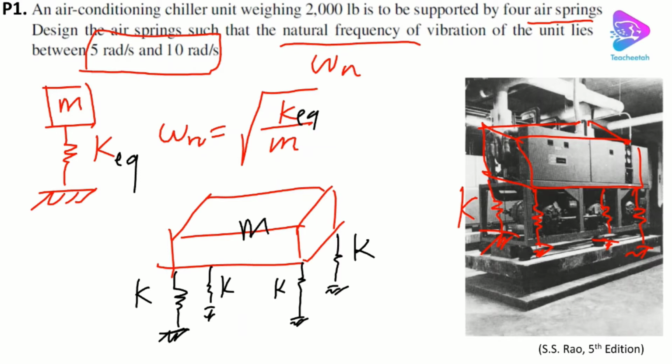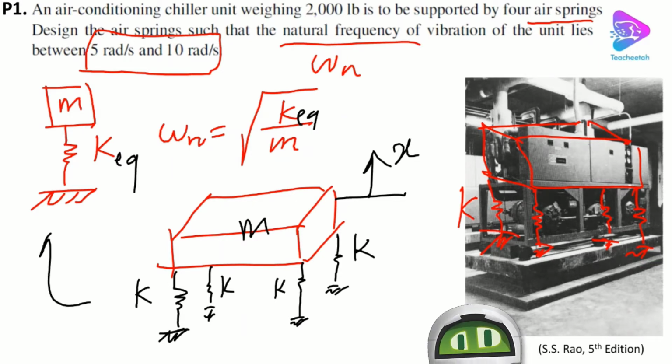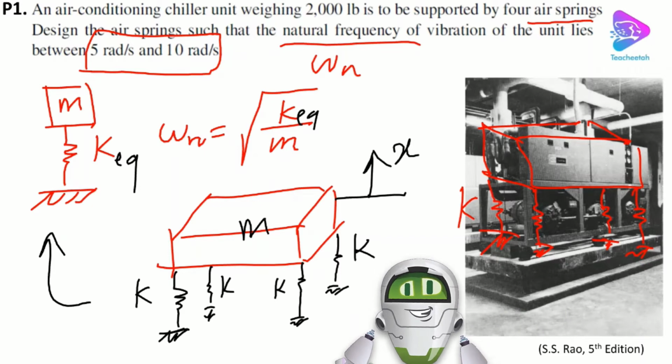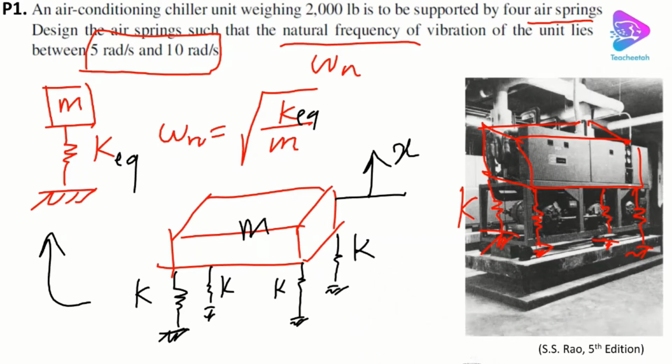So if we look at this system, the degree of freedom is in this direction, and the system can be simplified as the above shape, right? We have 4 springs which are in fact in parallel. Why? Because the X, or the deflection, is equal for all 4 springs. So we can simplify it using the parallel and series connection formulas that we have seen before.